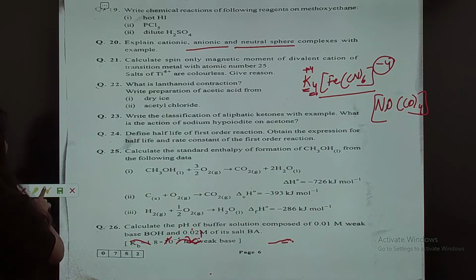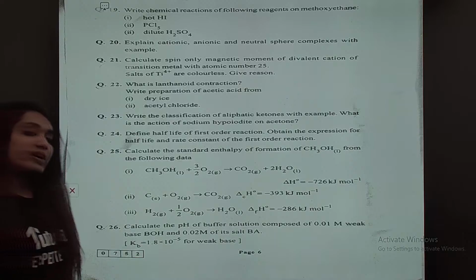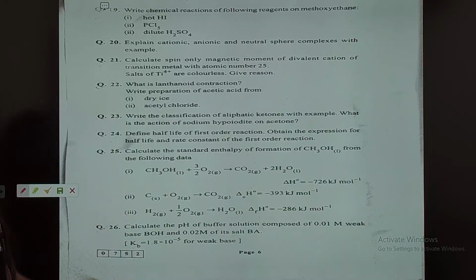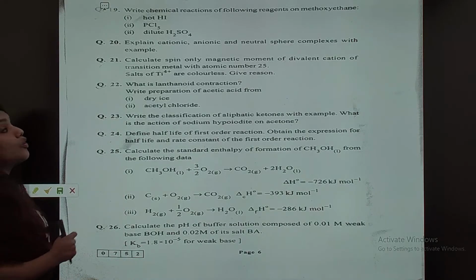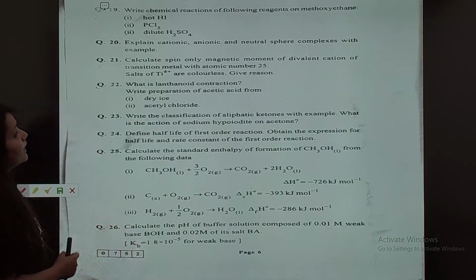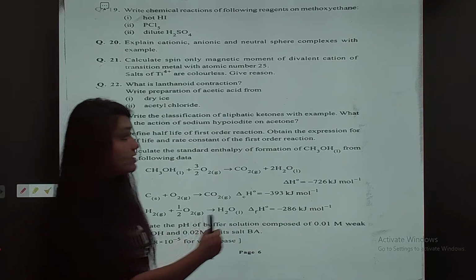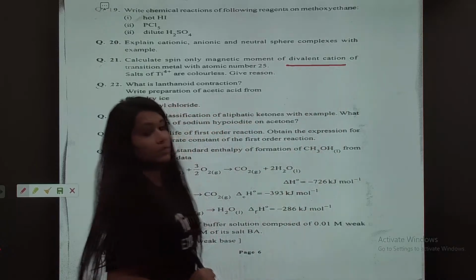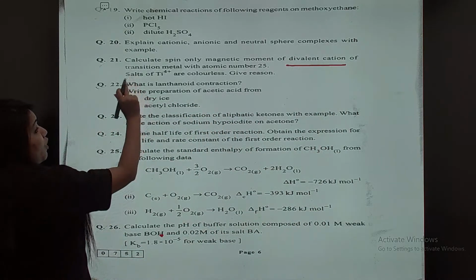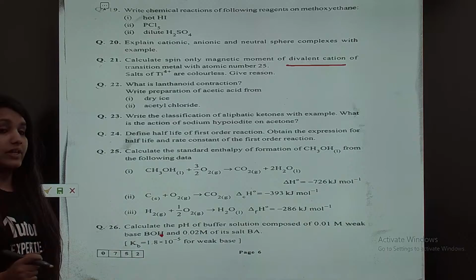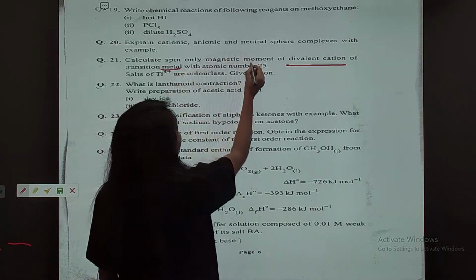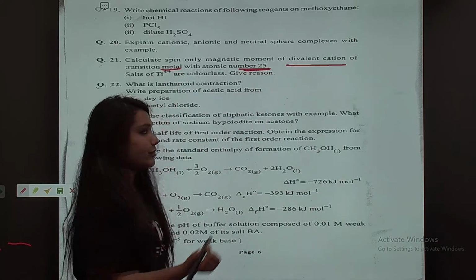Right? Moving on to the next one, question number 21, everyone. 21 says calculate spin only magnetic moment of a divalent cation. Divalent cation is a hint here. Of a transition metal with atomic number 25. So my metal is having atomic number 25, so I'll simply write 25, right?